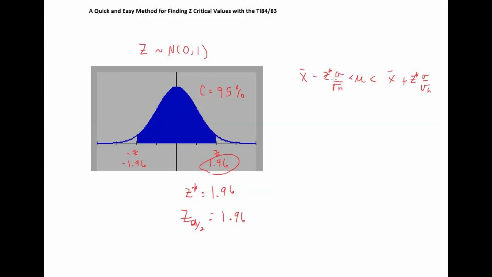Well, by using that Z interval command, it's using this formula. And remember, I said make x bar equal to 0, sigma equal to 1, and n equal to 1. If I run that through this formula, you can probably see what's going to happen already.